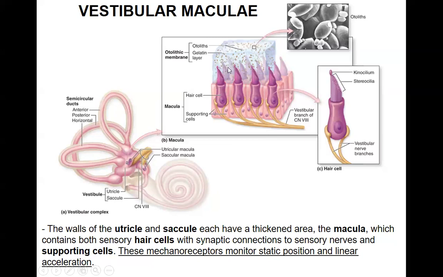The stereocilia and kinocilia are very stiff, and they initiate an action potential transmitted to the brain when the calcium carbonate particles, the otoliths, touch them.